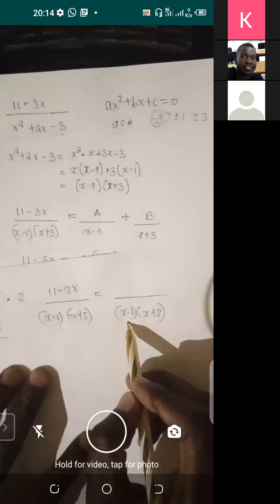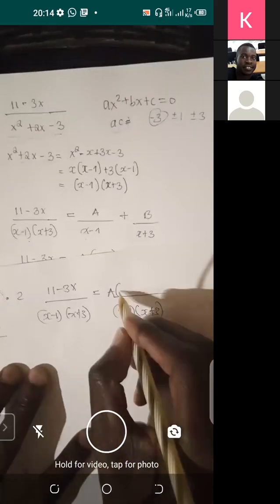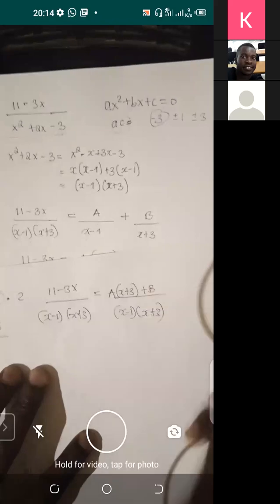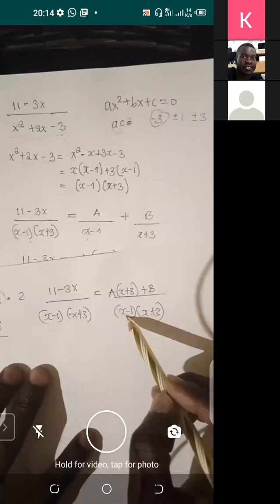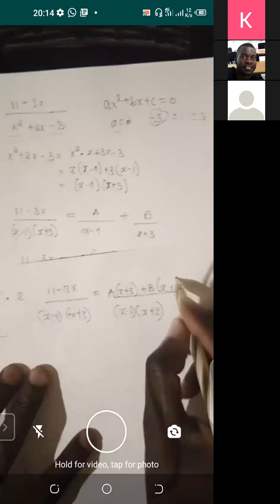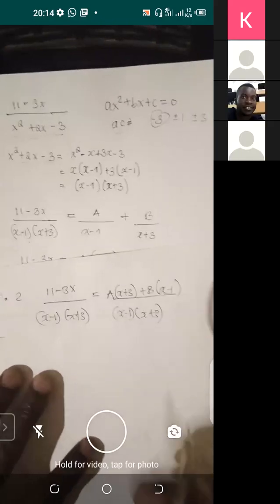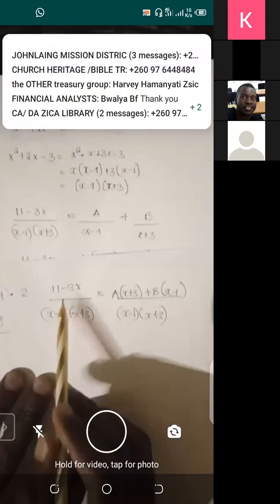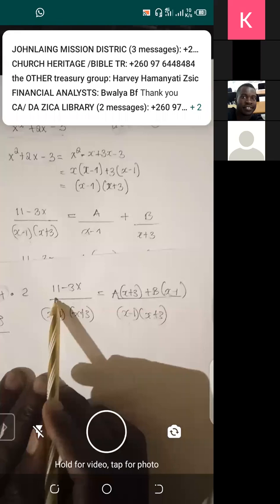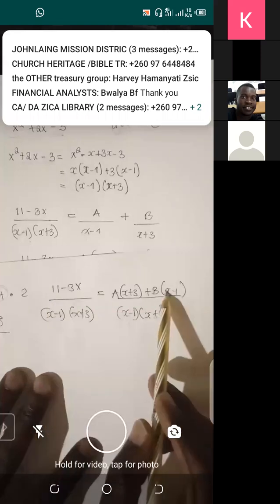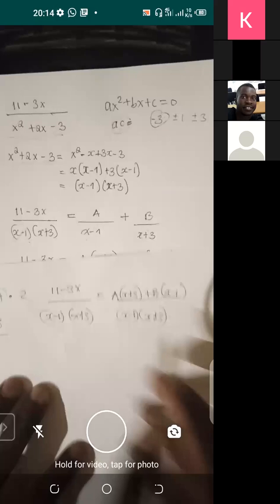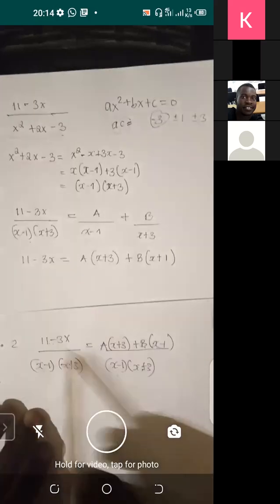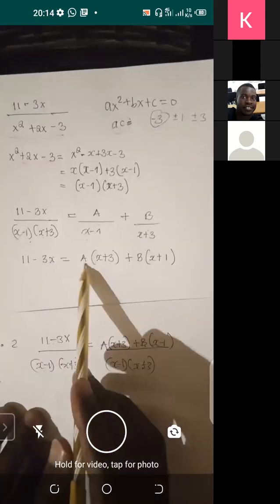When you compare both sides, the denominator equals the denominator, and the numerator should equal the numerator. So that's why we have 11 minus 3x equal to A times (x plus 3) plus B times (x minus 1).